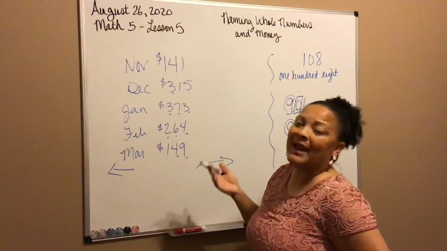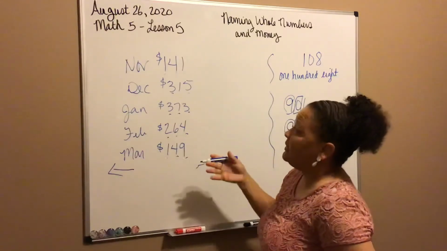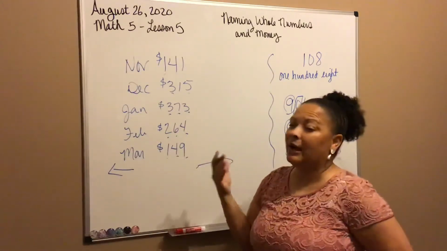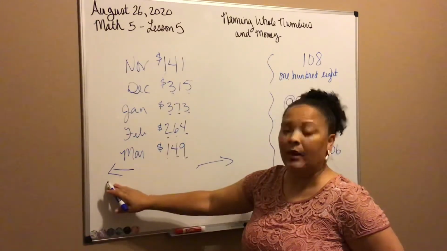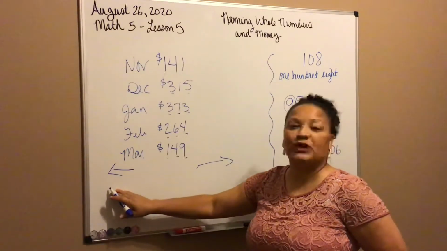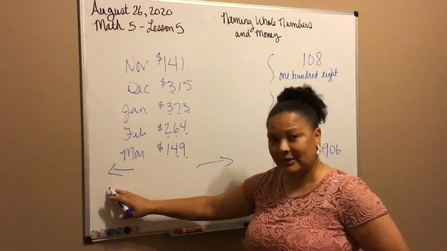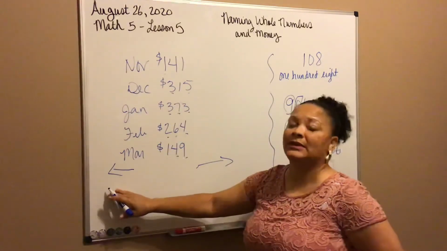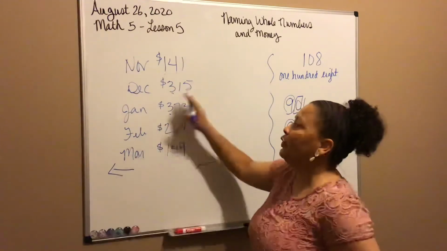So all of them have a hundreds place value. So now we need to see which one is the highest, because we're going to start with the greatest, right? Always pay attention to what the question asks. Some questions may ask you to list it from the least to the greatest. This one is asking you to list it from the greatest to the least, okay?